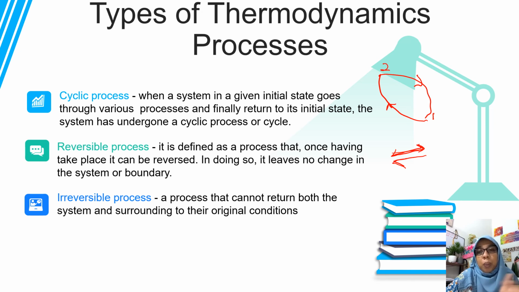Dia boleh berpatah balik. Tapi dia tidak mengubah dia punya sistem dan juga boundary dia. So irreversible process is a process that cannot return both the system and surroundings to their original condition. So bila dia tak boleh patah balik kepada keadaan asal dia, so that is the irreversible process.